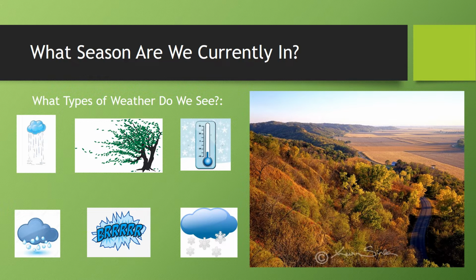Precipitation means rain, snow, hail, that kind of thing that comes out of the sky, out of the clouds. We see lots of wind. We're in the Midwest region of the United States, and it is indicative to the prairie lands. And we were at one point all prairie except for the Loess Hills. And you can see the Loess Hills on the right picture.